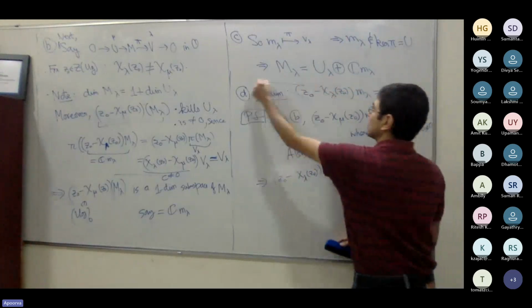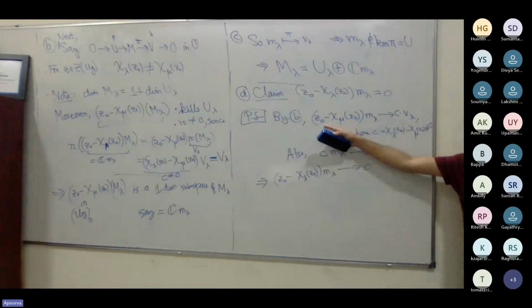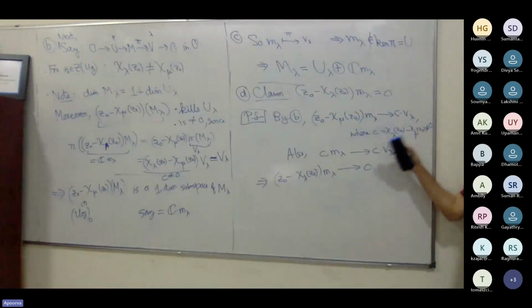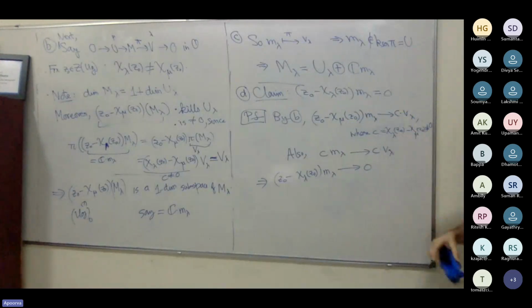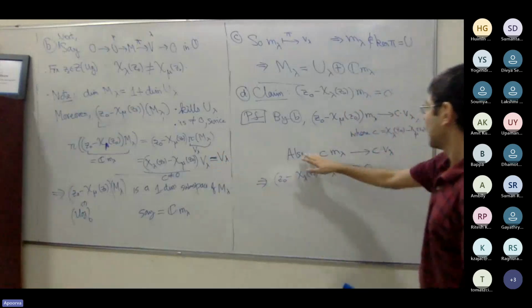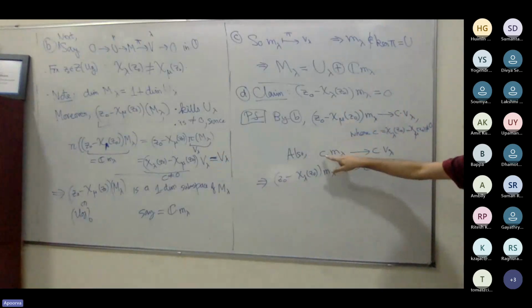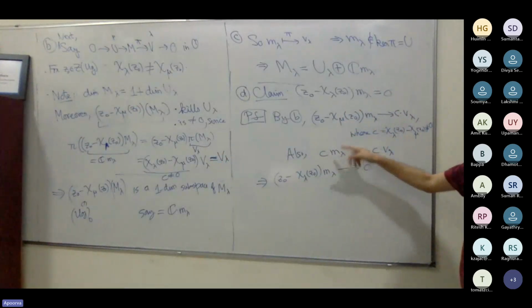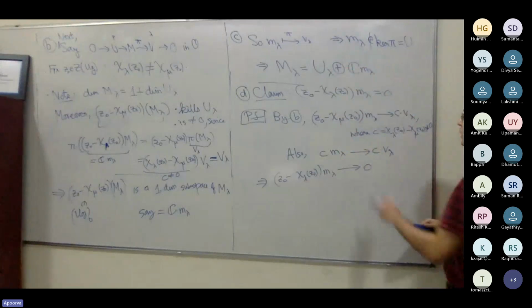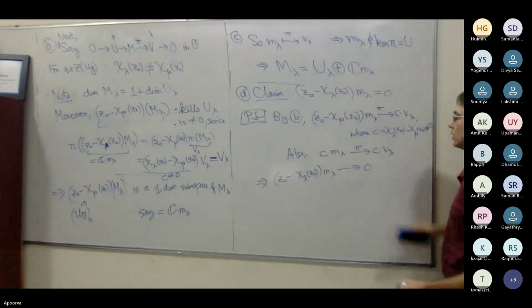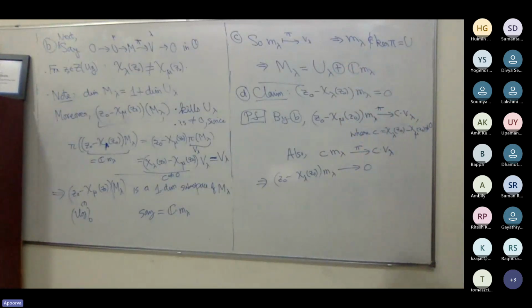So far we have not proved that. By B we know that Z naught minus chi mu goes to this non-zero scalar times B lambda, because of all this part. And if you multiply the scalar by M lambda, then because M lambda goes to B lambda, this goes as well. That's all fine.